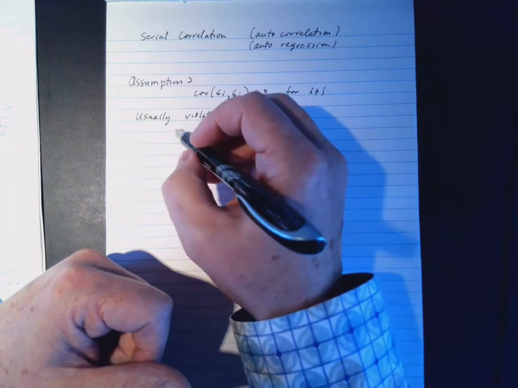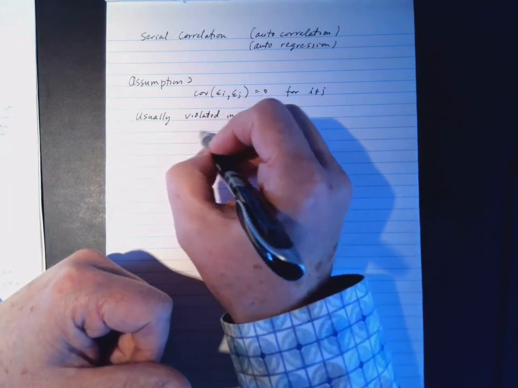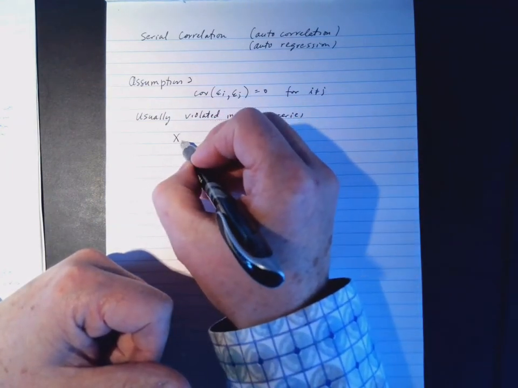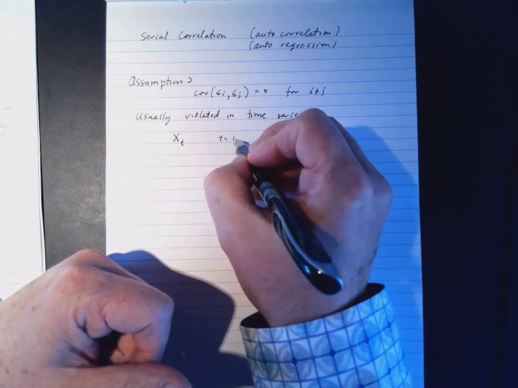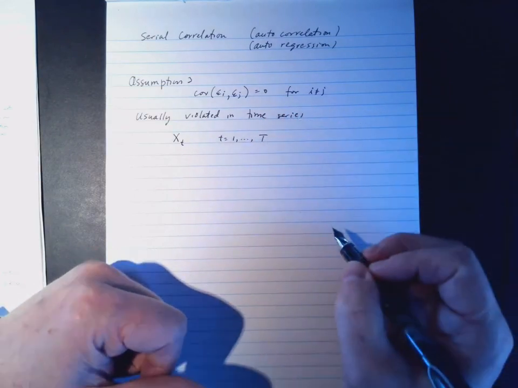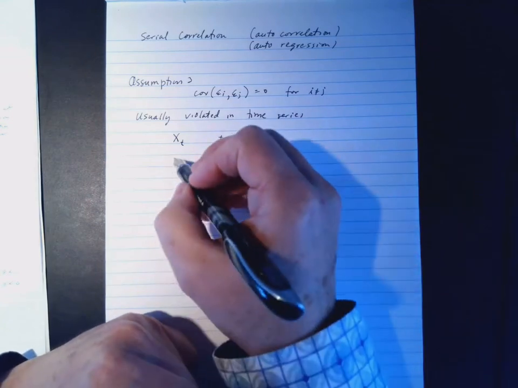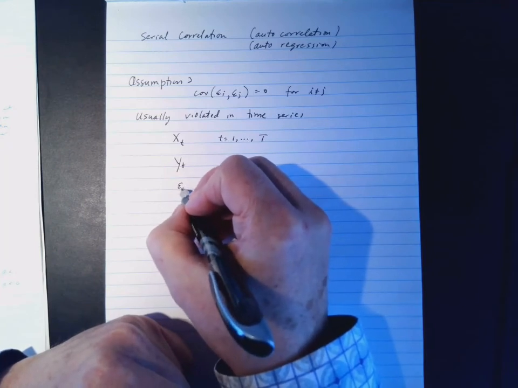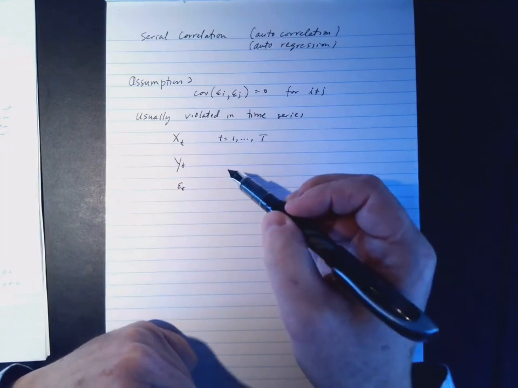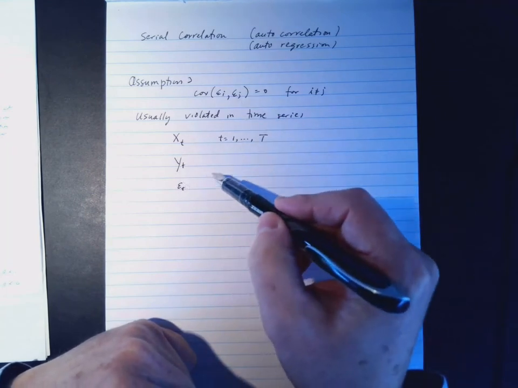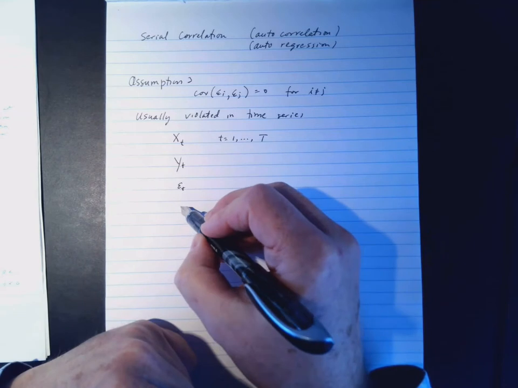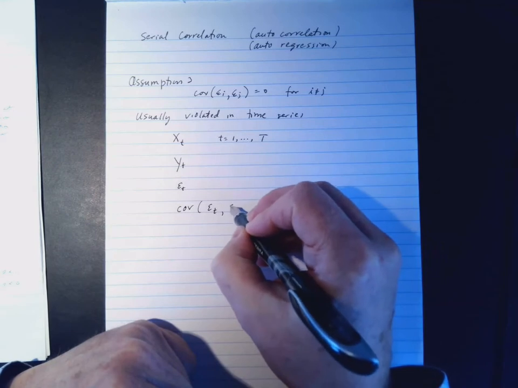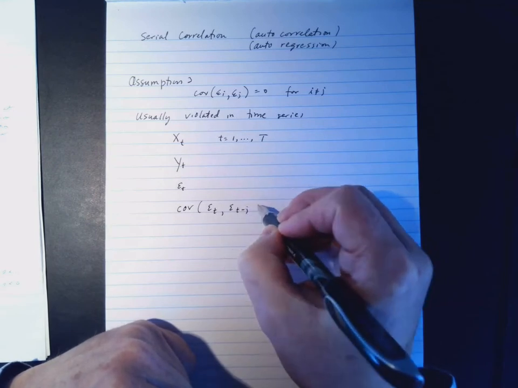So if we use time series notation, then instead of the little i and j subscripts, we would write, say, x_t, where t equals 1 through to the end of the sample, which we can write capital T, and y_t, and then those little error terms will look like that. And since we have to distinguish between the error terms at different points in time, we can write covariance of the error term at time t and the error term at time t minus j.